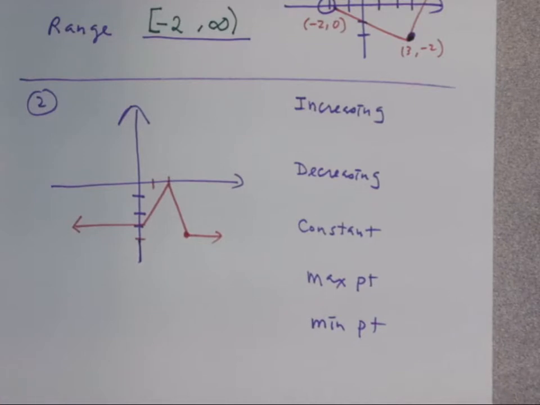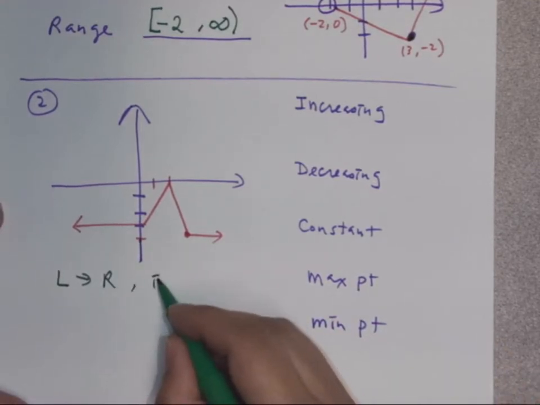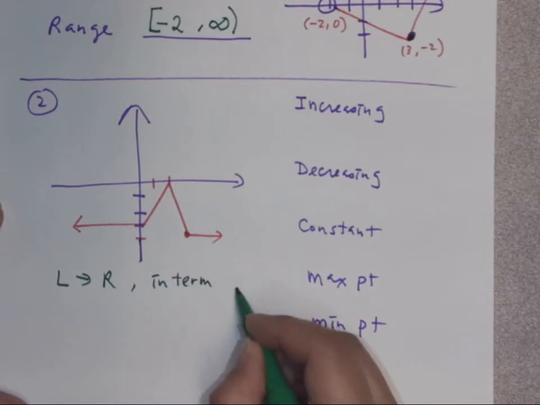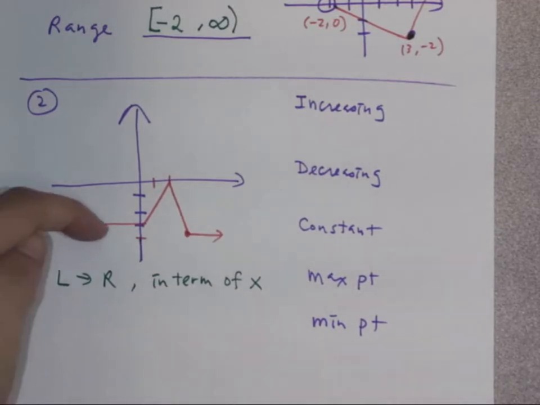So for graph behavior like this, we go from what direction to what direction? We go from left to right in terms of x value. So starting from the left is flat, so it is going to be constant.